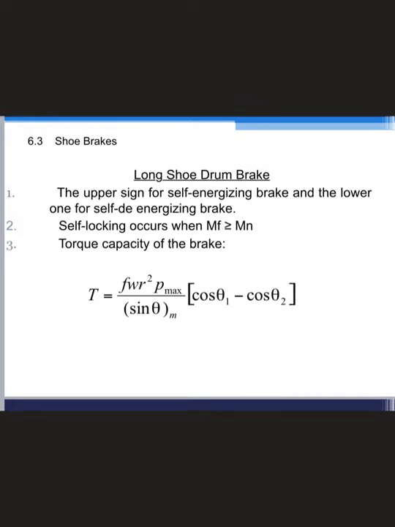For our formula of actuating force, Fa equals 1 over a, Mn minus or plus Mf.